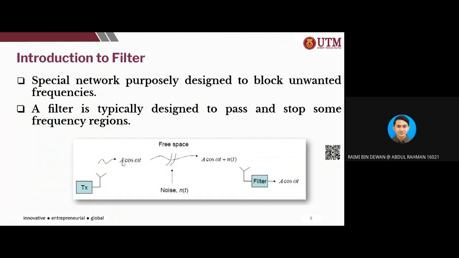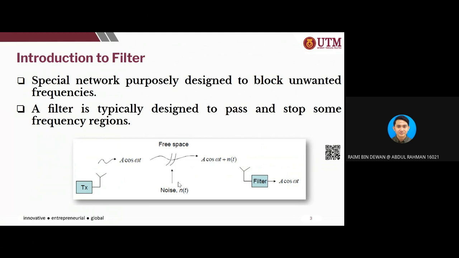Okay, so if you see in this system, we have a transmitter and we have a filter. When we transmit the signal, for example A cos omega t, the signal we send wirelessly, in free space communication or any other type of communication, there is noise introduced to our signal.